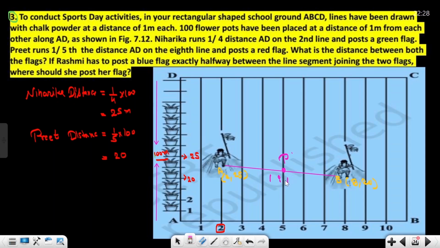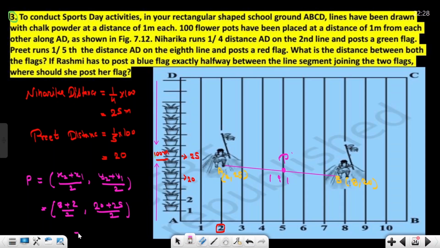P is the midpoint. What is the midpoint formula? If the ratio is 1:1, then it becomes the midpoint. The midpoint formula is (x2 plus x1) by 2, and you can also write x1 plus x2, and (y2 plus y1) by 2. Now put in the values. X2 value is 8 plus 2, divided by 2. Y2 value is 20 plus 25, by 2.